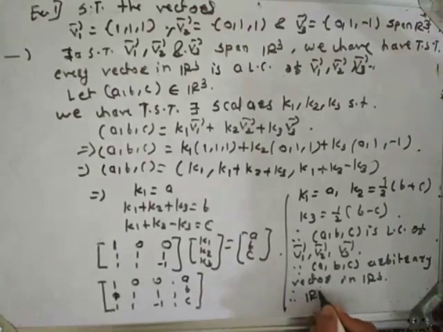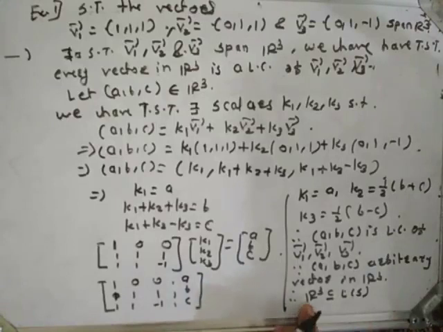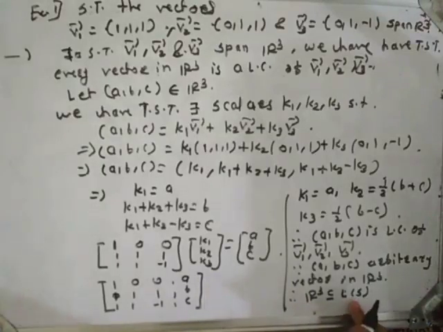Therefore, R3 is a subset of the linear span of S. Means every vector in R3 can be written as a linear combination of V1 bar, V2 bar and V3 bar, and L of S is the set of all linear combinations of V1 bar, V2 bar and V3 bar.